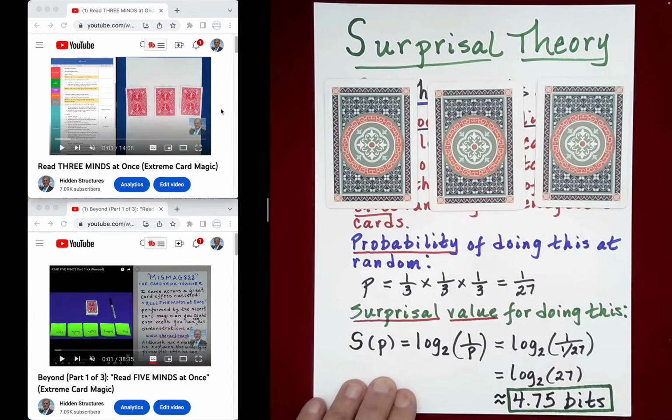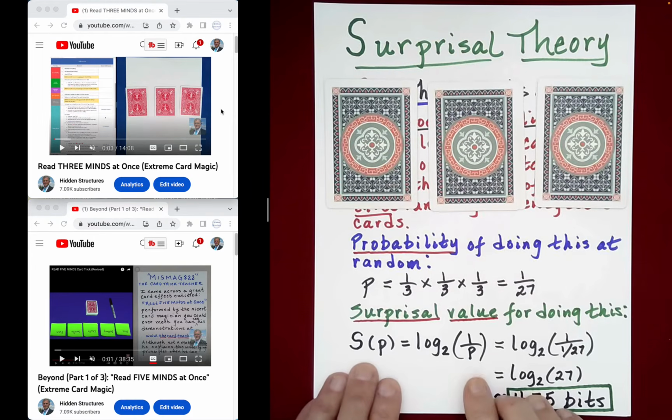Now, earlier in this series, the work of Claude Shannon, who is the father of information theory, gave us a wonderfully powerful perspective in interpreting these probabilities in the context of ordinary coin tosses.